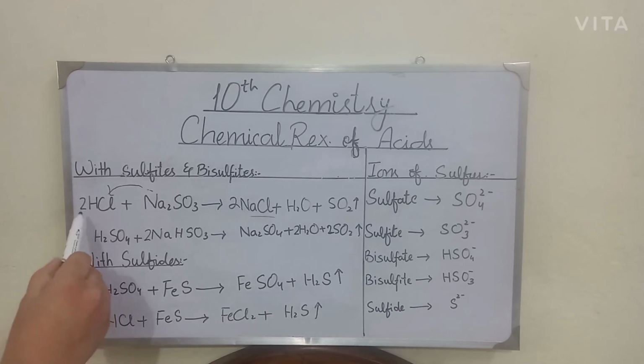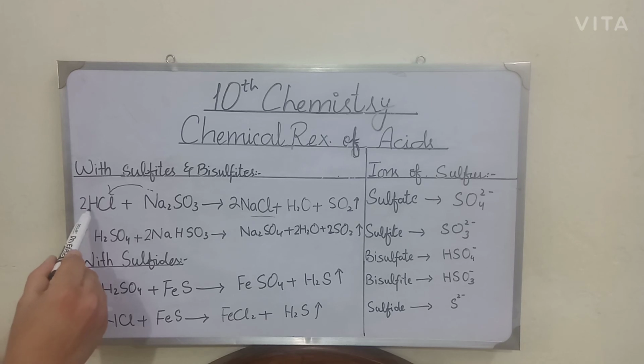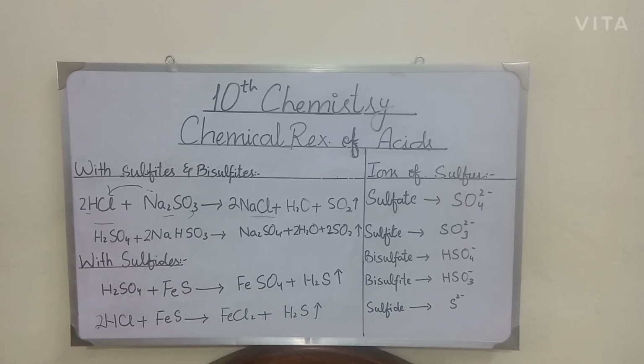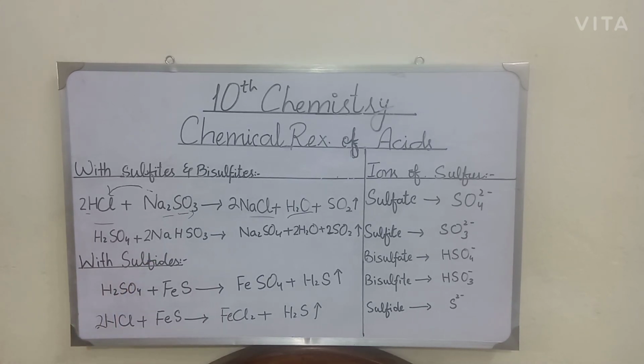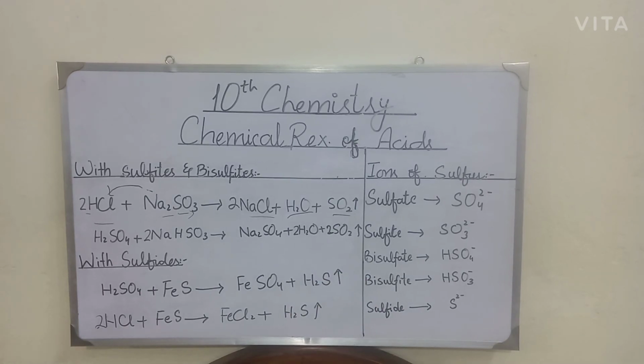The hydrogen, as usual in other reactions, is removed from the HCl and reacts with the oxygen of the sodium sulfite and produces a water molecule. And similarly, from the sodium sulfite, the SO3 converts into SO2 and produces SO2 gas. This arrow represents that SO2 is a gas that is released.